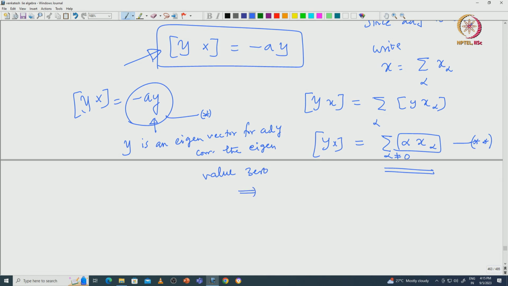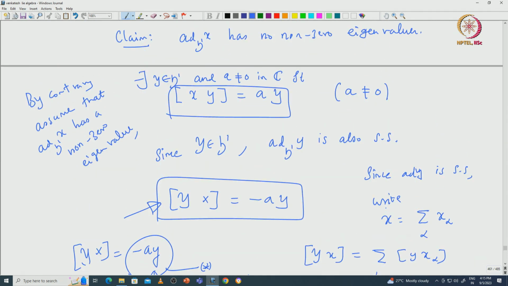That actually gives us a contradiction, because eigenvectors corresponding to distinct eigenvalues must be linearly independent. So, we have -a y equal to the summation of alpha x_alpha with alpha non-zero. So, this is a contradiction. This contradiction arose because we assumed that [x, y] is a y, where a is non-zero.